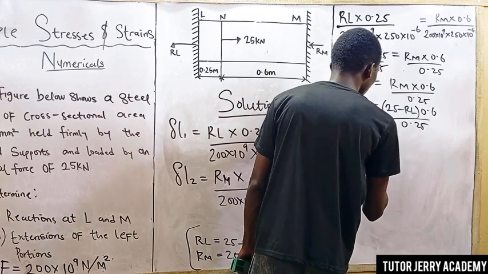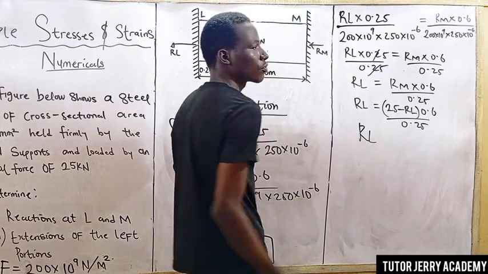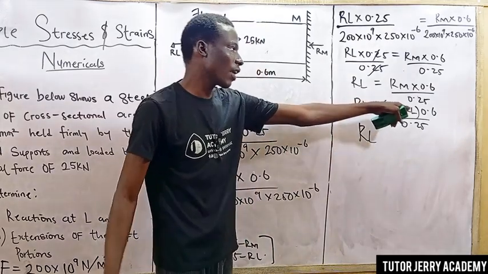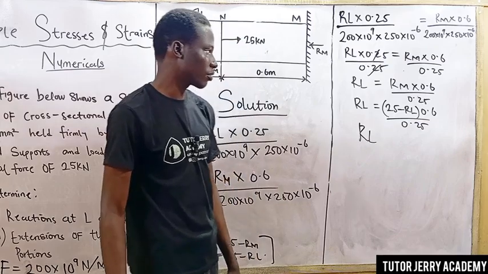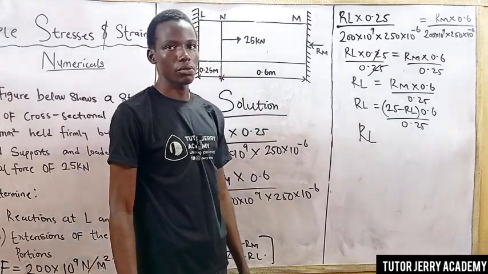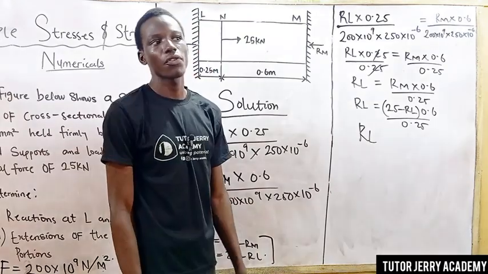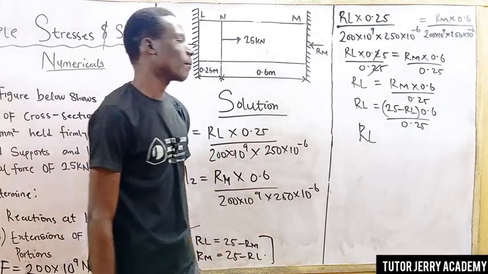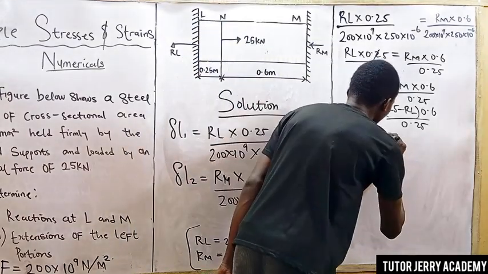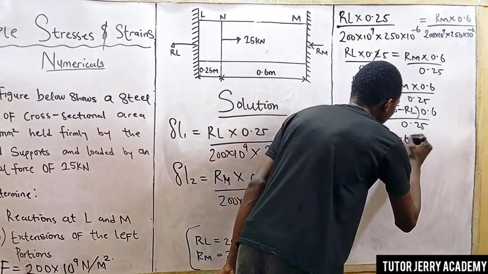Now, if you solve this, what are you going to have? All you just have to do is open this bracket and divide both sides by the coefficient of RL. You get your value of RL. So if you do that, RL will equal 17.647.